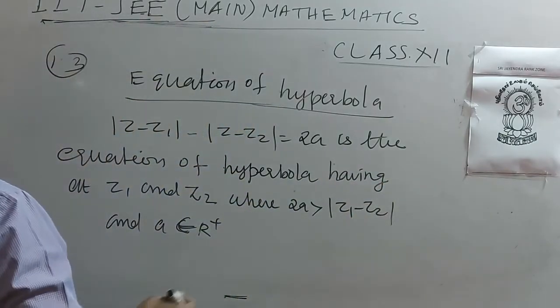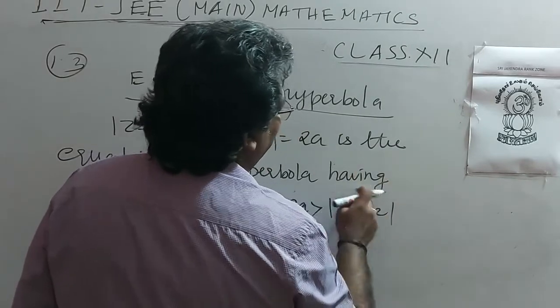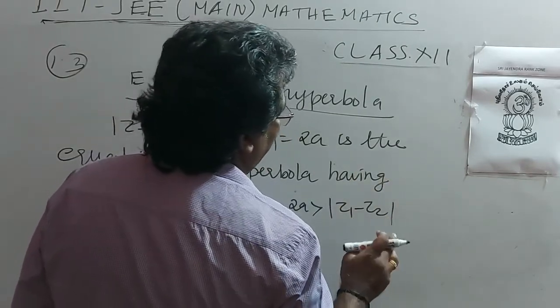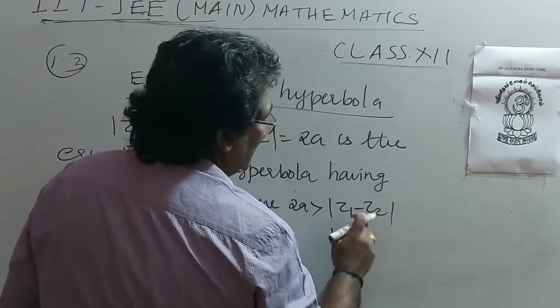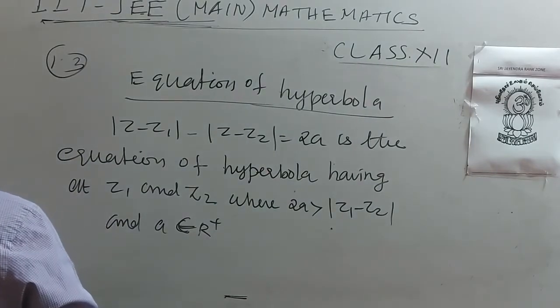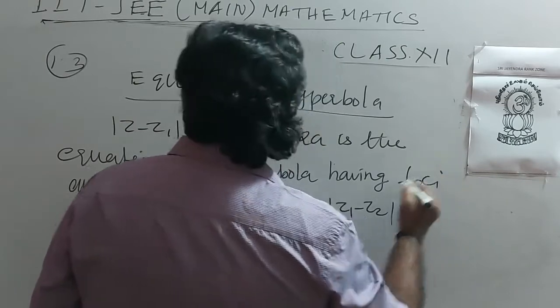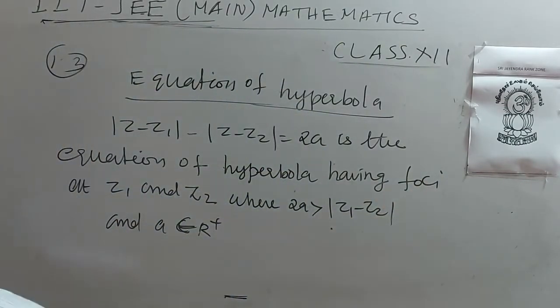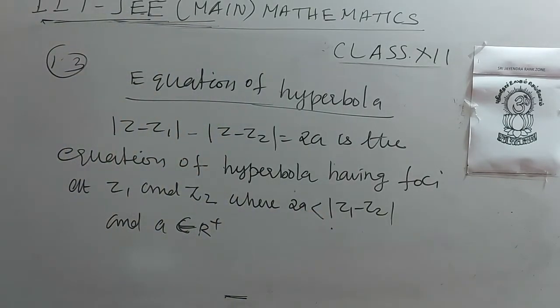Having, as in the previous definition, we should have written having here; I would have written it mistakenly. So you have to complete having foci at z1 and z2, where 2a is less than modulus of z1 minus z2 and a belongs to R plus.